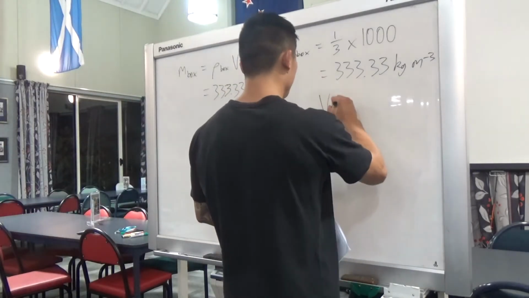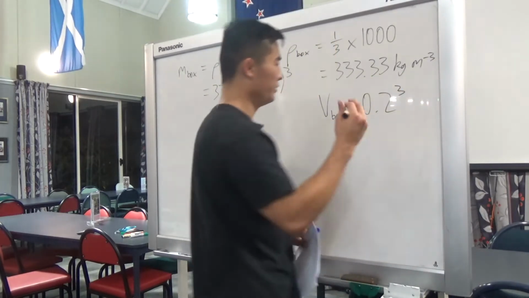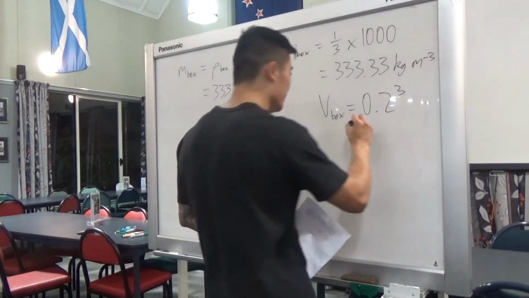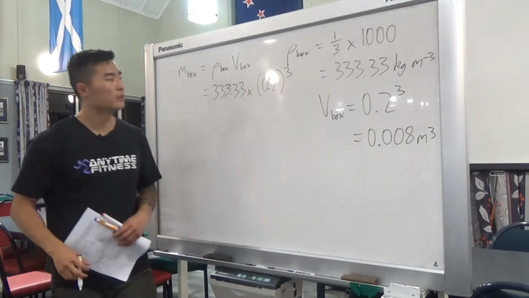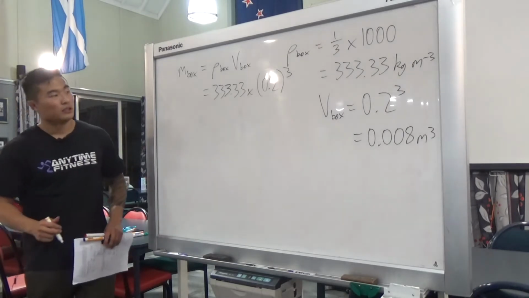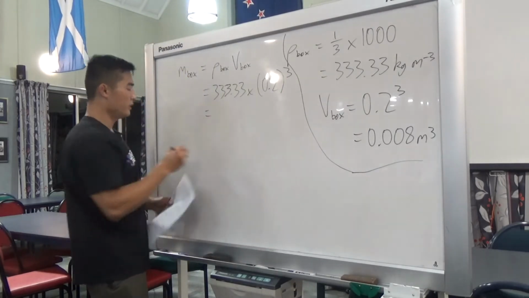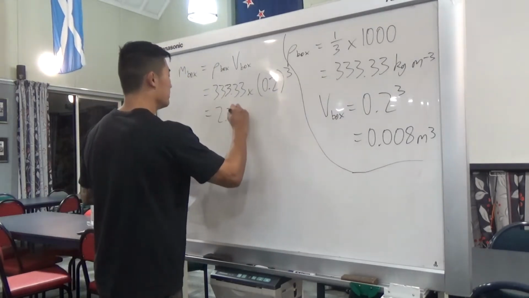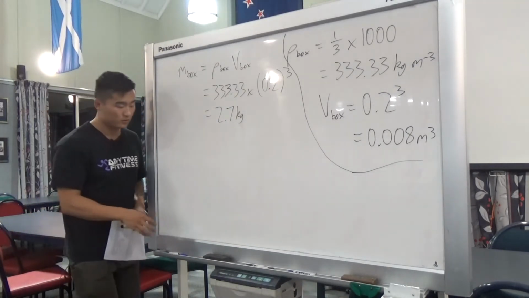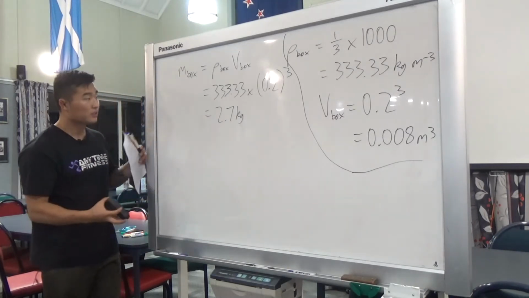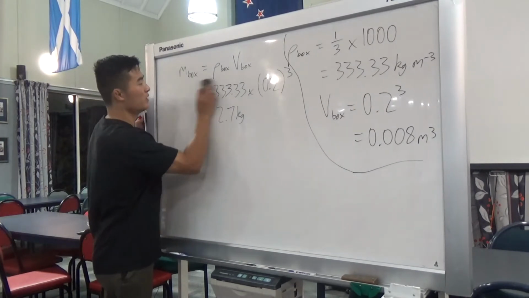So if I just write it out here, volume of the box is equal to 0.2 cubed, because it's 0.2 times 0.2 times 0.2, which is going to be 0.008 meters cubed. Okay? So the mass of the box is going to be 2.7 kilograms. So we've got that. So that's the first part of our problem. That was the easy part.